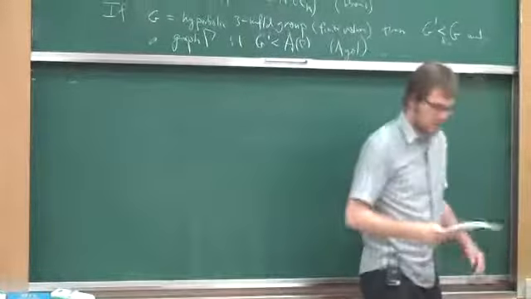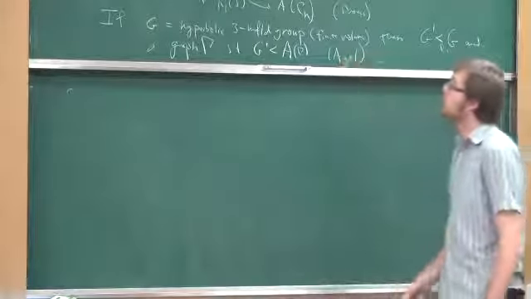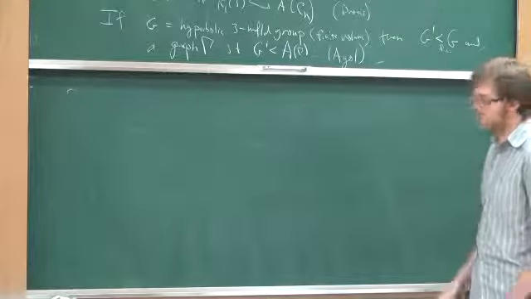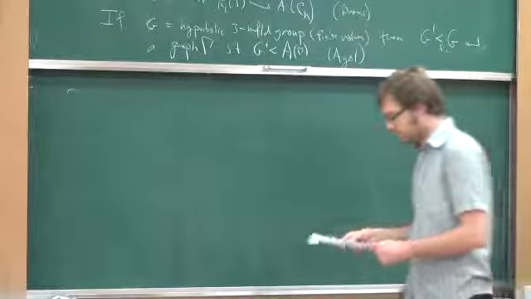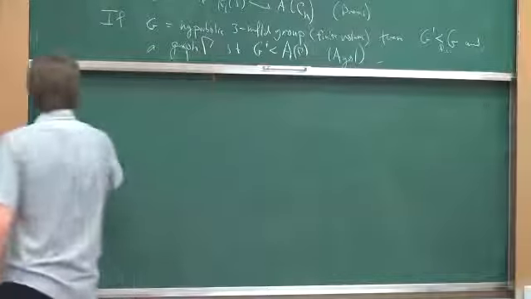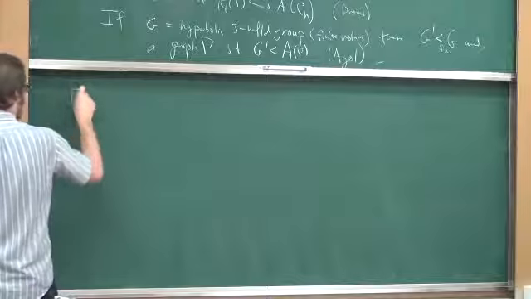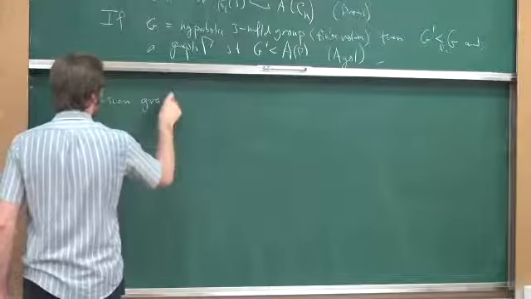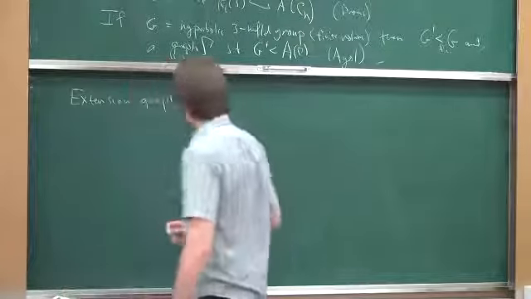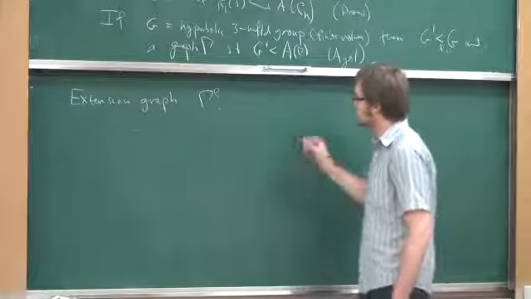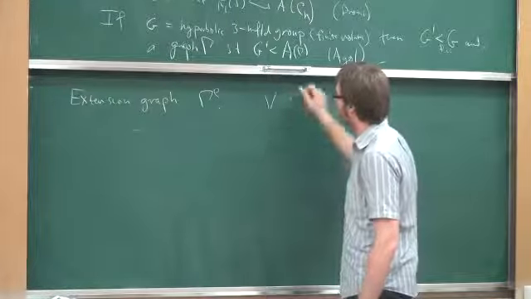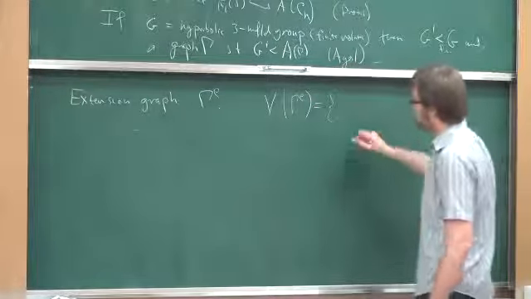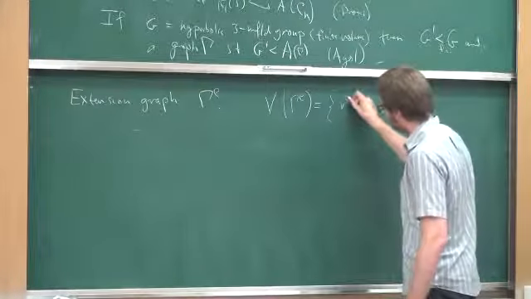And so now we'd like to say what are sort of the right-angled Artin subgroups, the more nicely behaved subgroups of right-angled Artin groups. So we begin by defining the extension graph. So this is defined by, the vertices of gamma^e are given by v^g.